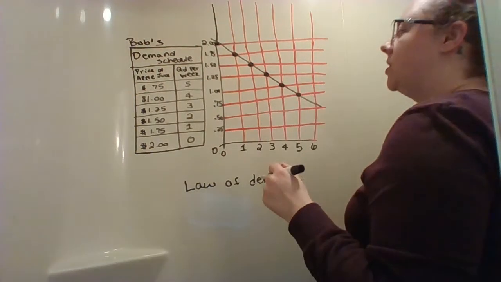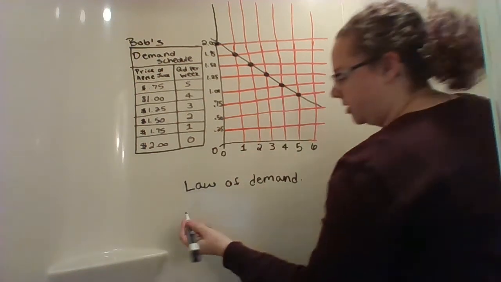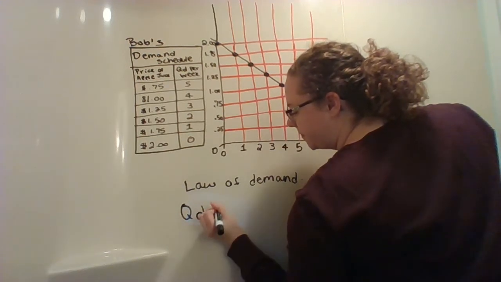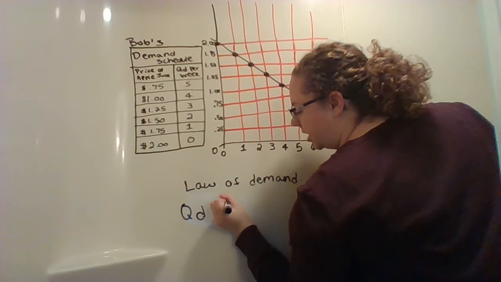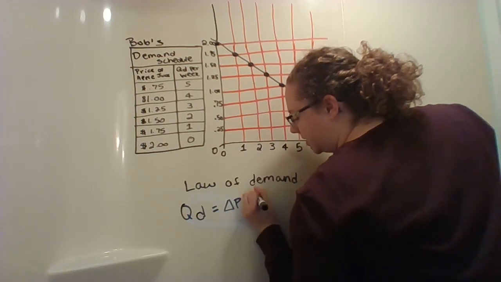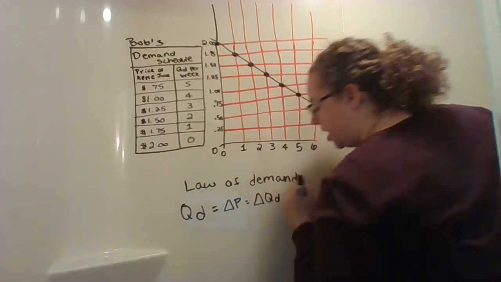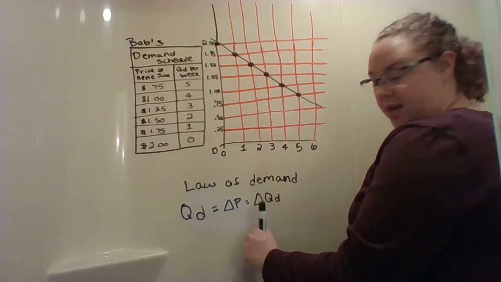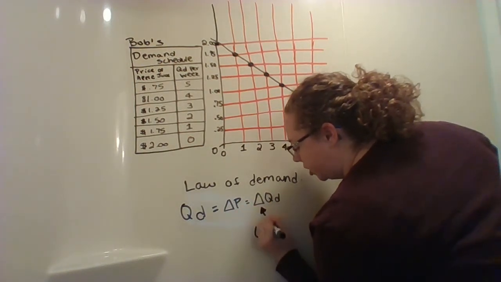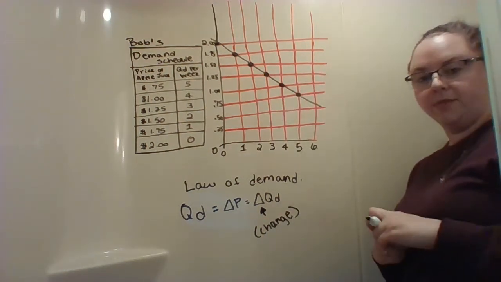It's fine. So the whole idea, I can write under here, you guys can see that. Quantity demanded: a change in price equals a change in quantity demanded. This little triangle right here means change.